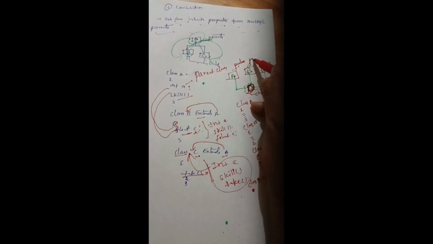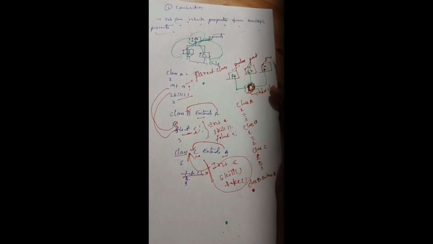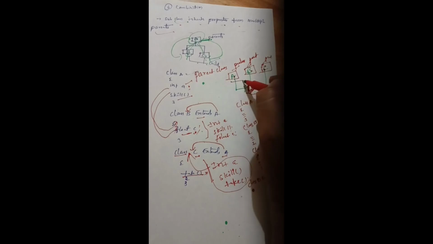This is also a parent. This is also a parent. A is a parent, B is a parent, C is a parent. Okay, from these parents we derive one child. Okay, this is multiple parents and one child. Okay, this is called the combinations.